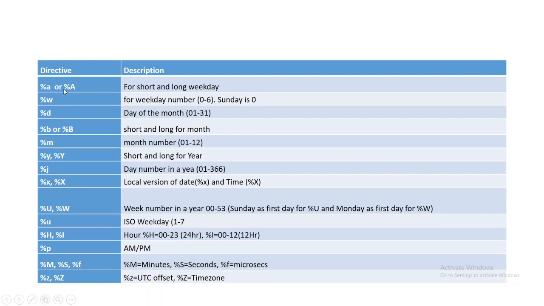If you wanted to show the full Wednesday, you use the capital A. For the day of the month, you use %d, which is from 01 to 31. The %b is for month, like Jan, and %B is going to show you the full January. Of course, if you want the month number from 1 to 12, you can use %m. Then there are the long year and short year. You can check them out.